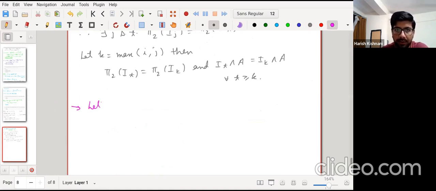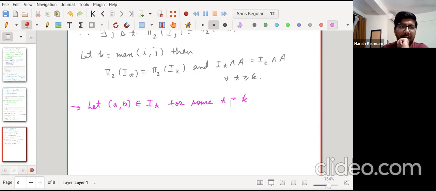Let AB belong to IT for some T greater than or equal to K. Or I can write strictly greater than K.